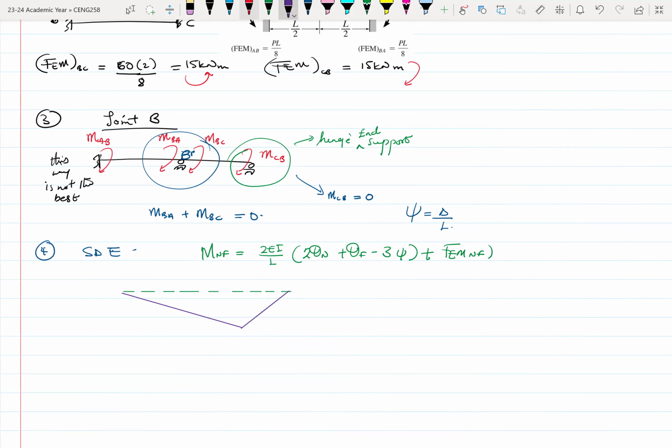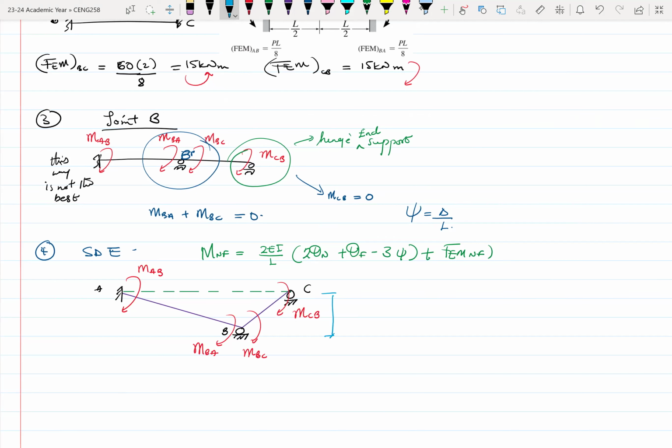So my support, this is actually my support B. This is my support A. This is my support C. So this is A, B, and C. All right. So this is actually the better way to draw it, so that this is my MAB. Here is my MBA. Those don't really change. This is my MBC. And here is my MCB. So there is some deflection here.